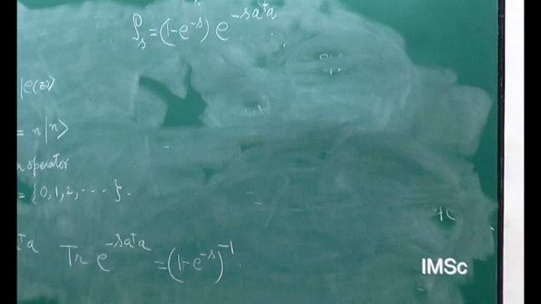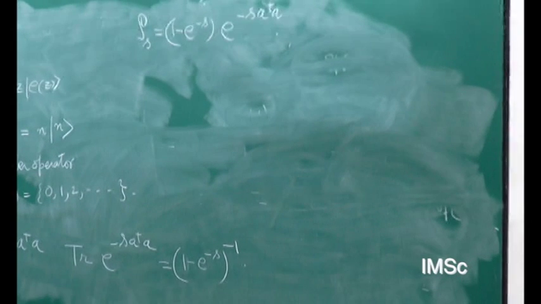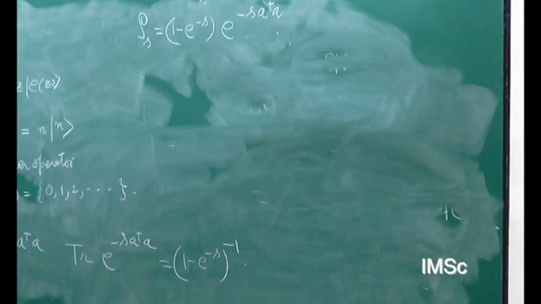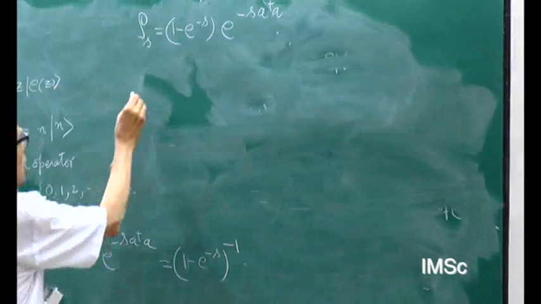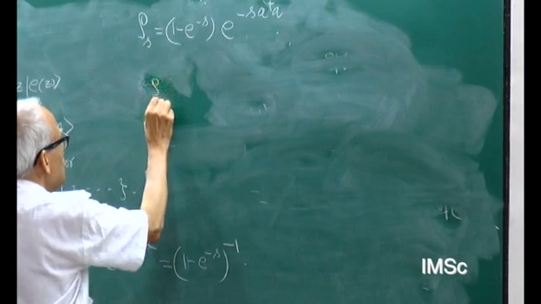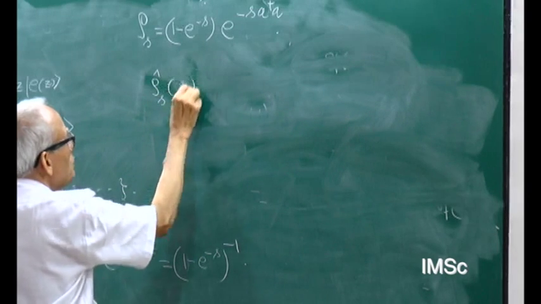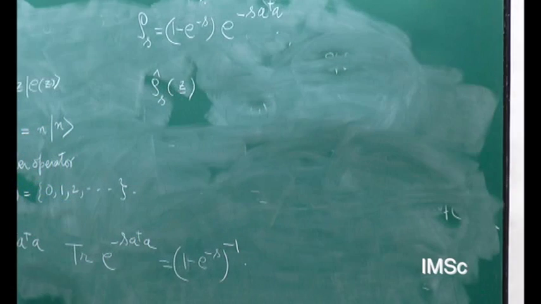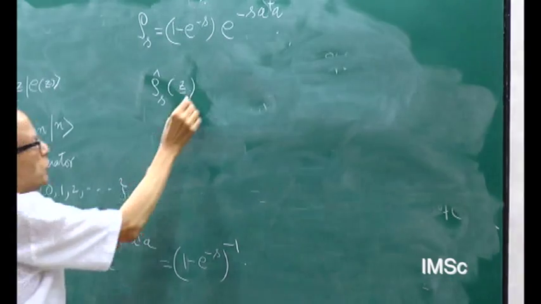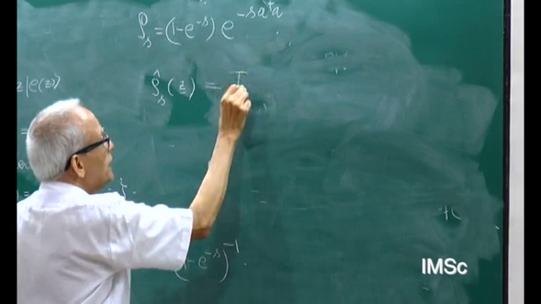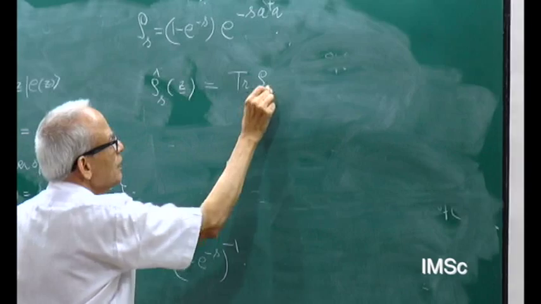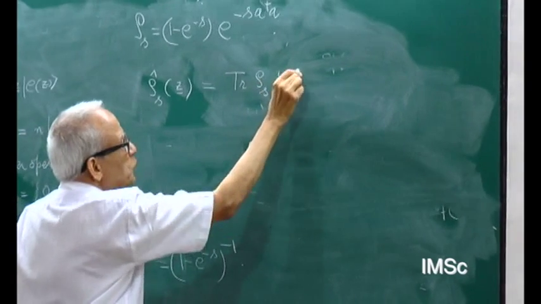And what is its Wigner transform? The Wigner-Weyl quantum Fourier transform, right? Namely, rho s hat evaluated at z, which is equal to the trace of rho s multiplied by W z.